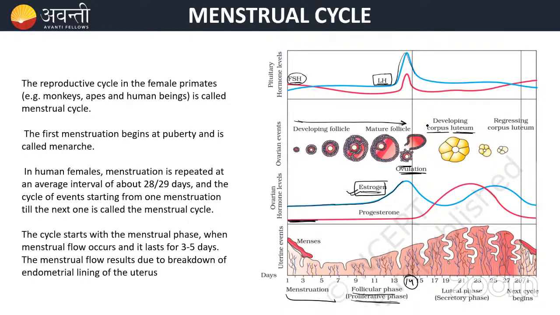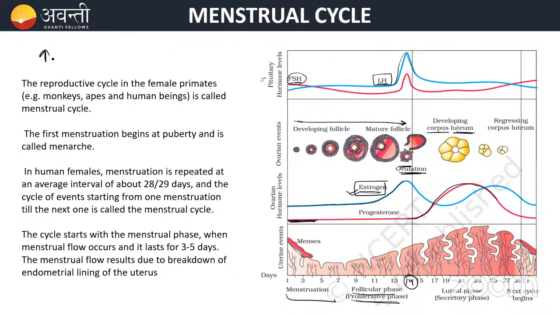Now, the function of the corpus luteum is to produce hormones, majorly progesterone. It also produces a small amount of estrogen, but majorly it produces progesterone. So the corpus luteum starts producing progesterone. As you can see, now the level of progesterone increases. And one more important point: when the level of progesterone increases, it gives a negative feedback to the anterior pituitary.